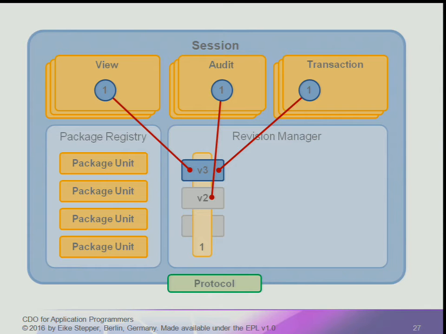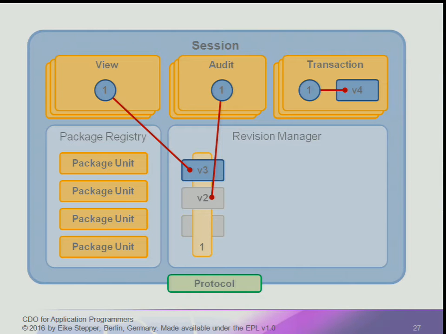But at some point you want to create new objects or you want to modify the attributes, then you need to open a transaction. That is also a view, it's a sub-interface of CDO view. And a transaction also always looks at the latest revisions of a branch, but you can change these objects. When you call a setter on this object here, this latest revision is copied into the transaction.